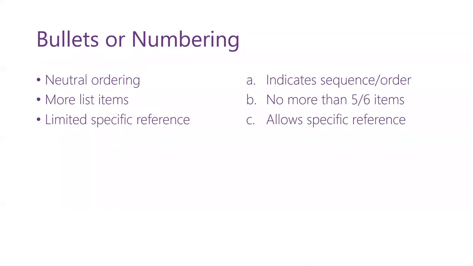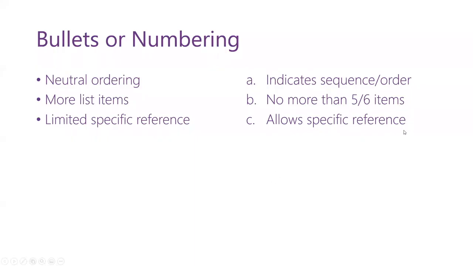I can tell all of you, look at the third point on the left. But if I have bullets and I say, look at the eighth point, then you are going to have trouble, because you are going to start counting: 1, 2, 3, 4, 5, 6, 7, 8, right?